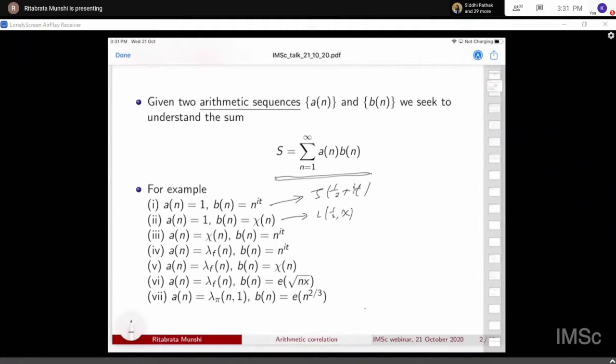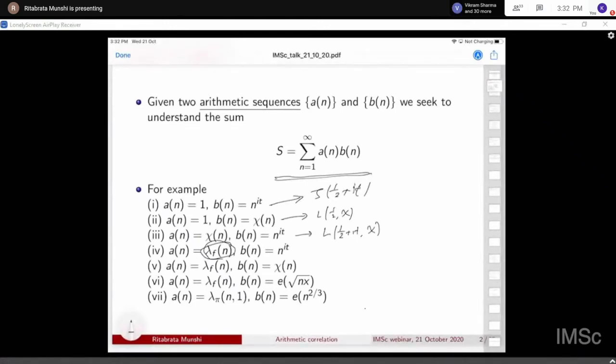Or you may be looking at a_n to be chi(n) and b_n to be n to the power it. This corresponds to L-functions where you are interested both in the t aspect and the level aspect for Dirichlet L-functions. All right, or you may take a_n to be coming from a higher rank group, like a Fourier coefficient of some modular form, say lambda_f(n), or maybe a Fourier coefficient of a Maass form.